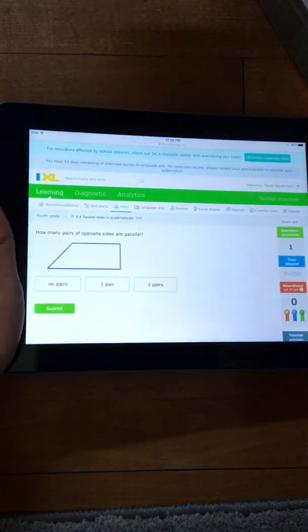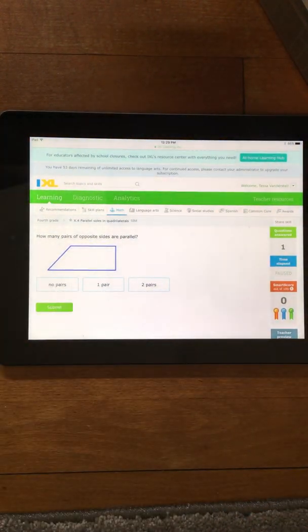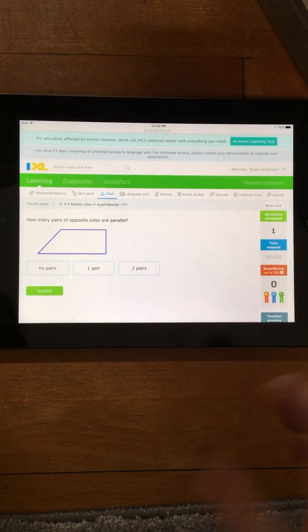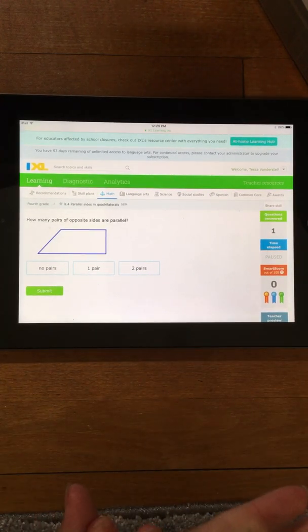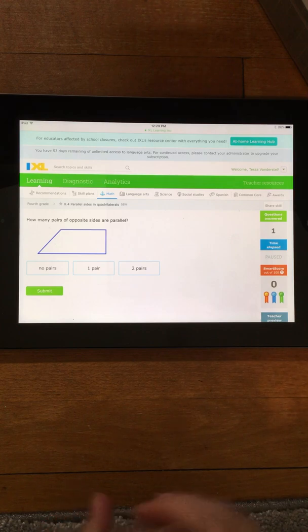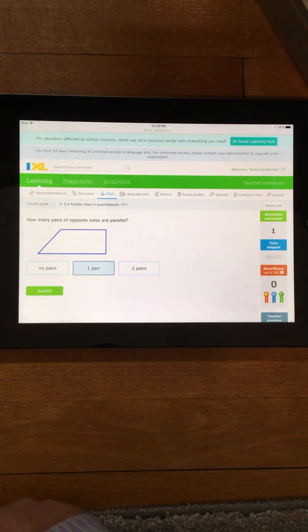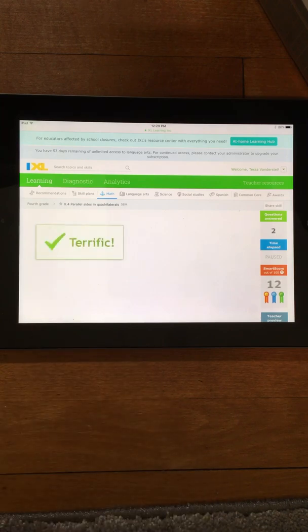All right, very last thing, you're going to be doing an IXL skill. This one just asks you how many pairs of opposite sides are parallel. So you just have to count how many pairs, not how many sides are parallel, but how many pairs are parallel. So here's a pair. This side and this side are parallel, so that is 1 pair of parallel sides.